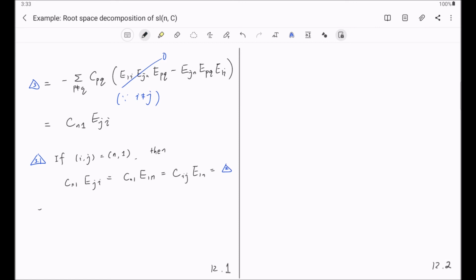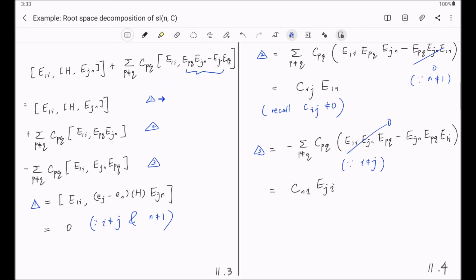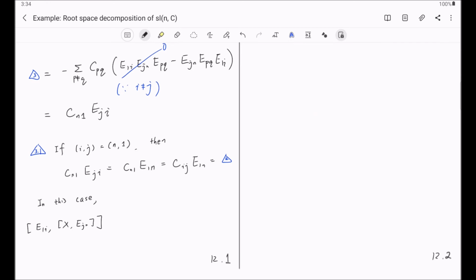And in this case, the thing we started with is equal to part 1 plus part 2 plus part 3, and remember part 1 is always 0. So this is equal to part 1 plus part 2 plus part 3, and part 1 is equal to 0, but part 2 plus part 3 will be twice of part 2.